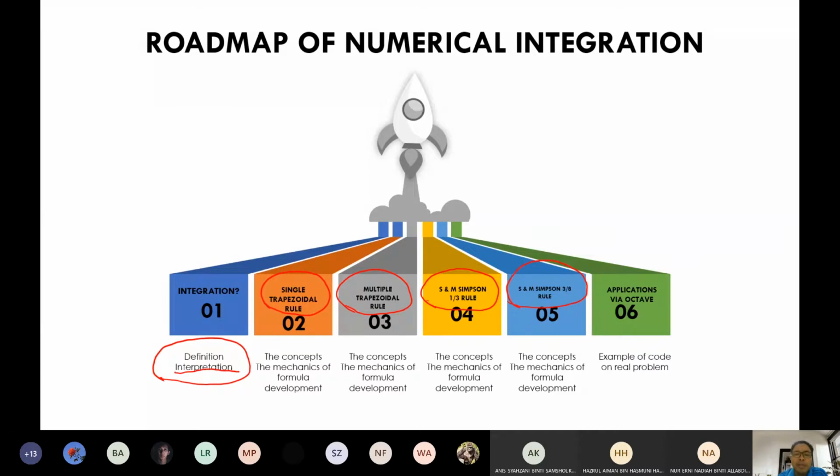For each of the methods we will understand the mechanics of the solution, and we will develop the formula on how to compute the integration based on each of these methods.